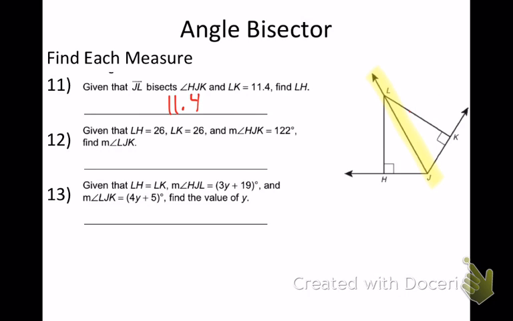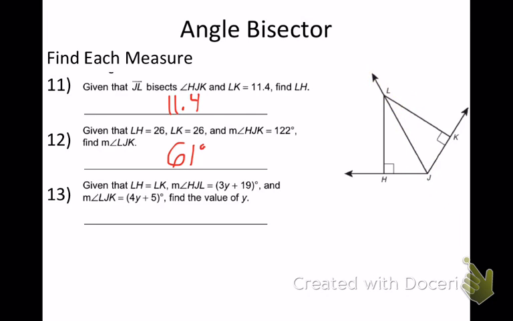So given the angle bisector, and LH is 26, LK is 26, and HJK here is 122. I want to find angle LJK. What's that going to be, Luis? 61 degrees. How'd you find that, Luis? Yep, 122 divided by 2. That's got to be 61, right? Nice job.